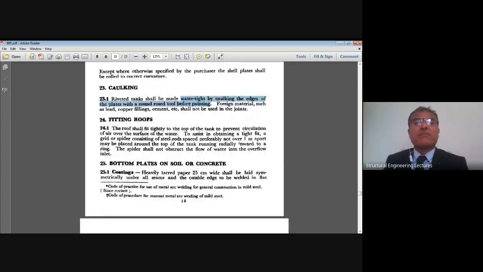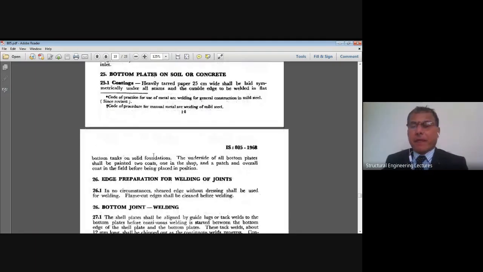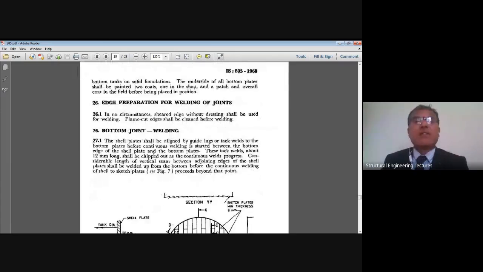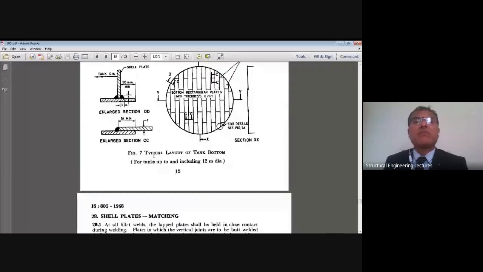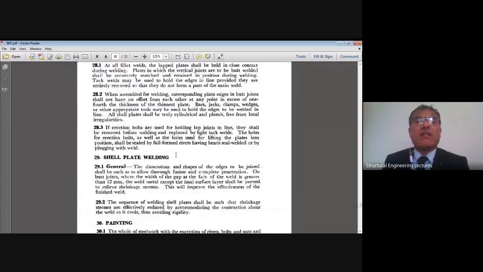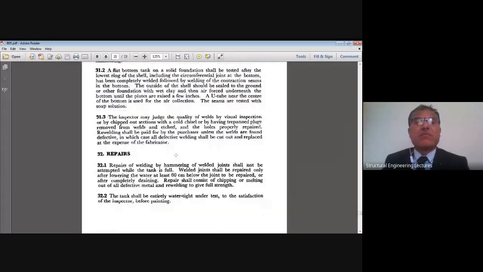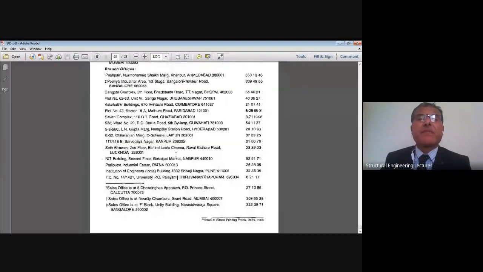Right, now this is how the typical layout of tank bottom is shown. These are the codal specifications pertaining to the plated sections.